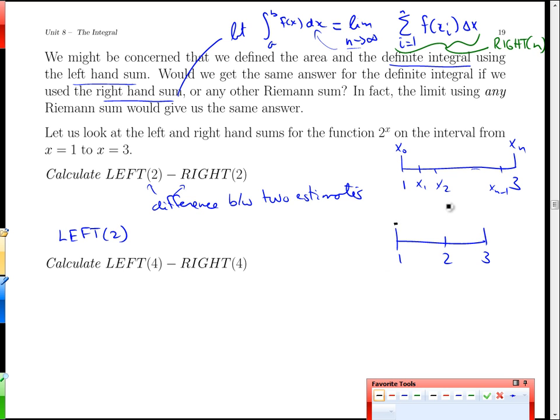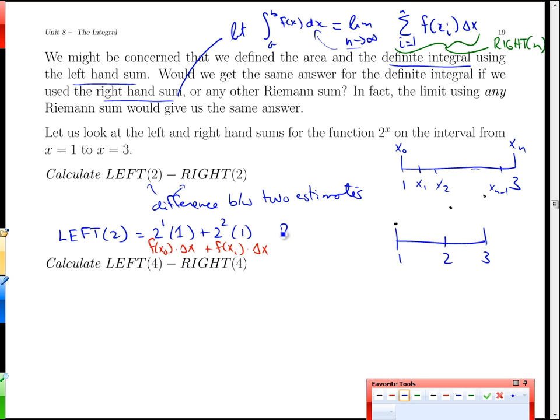And what do we do to calculate our estimates? The left-hand endpoints would be 2 to the 1 times 1, our delta x, plus 2 to the 2 times 1. That's f of x0 times delta x plus f of x1 times delta x.